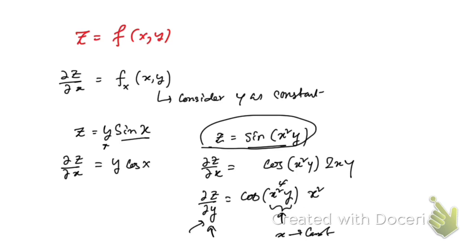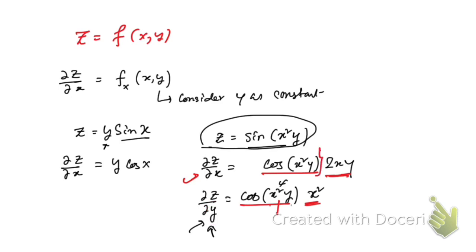Here you can observe that this part is the same, doesn't matter with respect to which variable you differentiate, but when you differentiate the function of function, the derivative of the function within the bracket depends on the variable with respect to which you are differentiating partially.